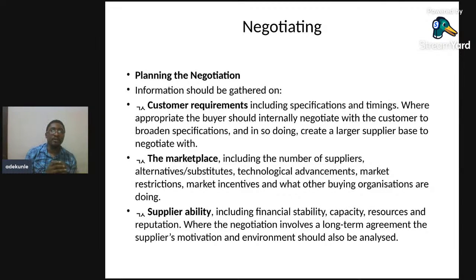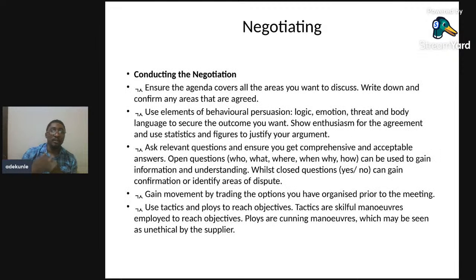You gather information on your supply ability, including financial stability of your supplier, capacity, their resources, their reputation. These are some of the things you look at. So where the negotiation involves a long-term agreement, the supplier motivation and environment would want to be analyzed. So this is when you're planning for negotiation, you need to gather information very well.